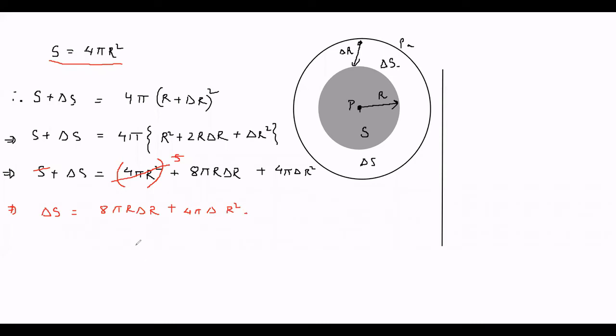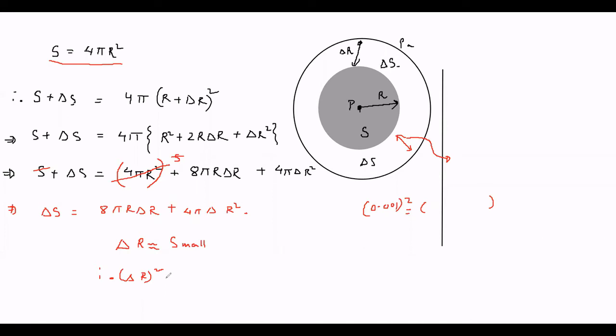Now, one more thing we can observe is that the value of delta r is very, very small, because this increase in length is so small that we cannot even observe it with our naked eyes. That definitely means delta r square should be much smaller than this, because the square of a number less than 1, let's say 0.001, will be a very small number as compared to it.